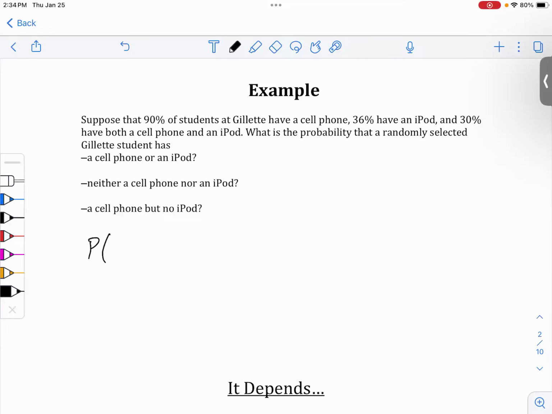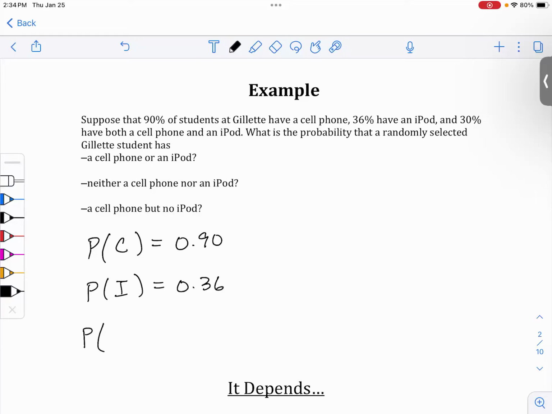So I'm going to call cell phone C. Probability of C is 90%. Probability of iPod, I'm going to call I. And probability of both a cell phone and an iPod. Now, be aware the temptation I see a lot is people like to write probability of B for both. You want to keep your notation as minimal as possible.